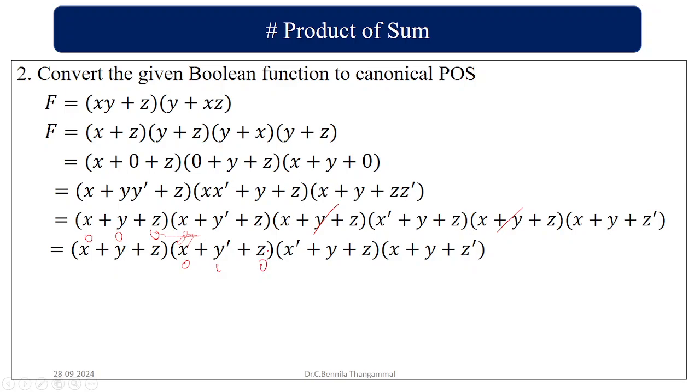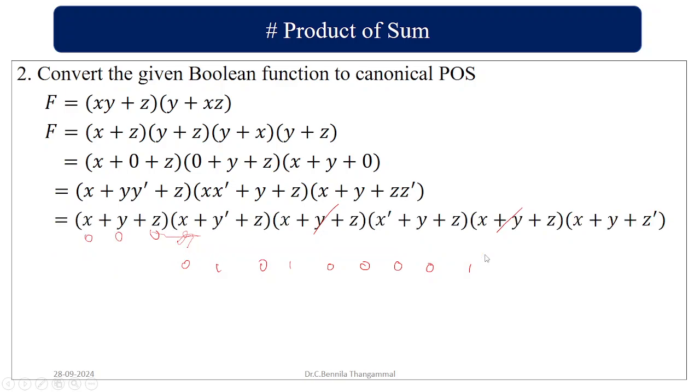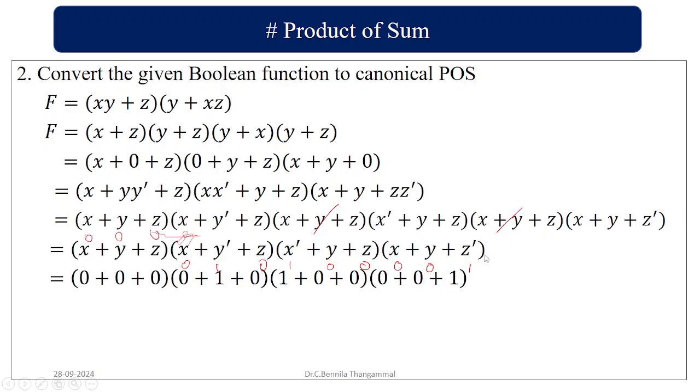So what will be the value here? So this is going to be 1, 0, 0. And this is going to be 0, 0, 1. So what will be the answer here? So the answer is 0, 0, 0 is M0, 0, 1, 0 is 2, 4 and then 1.